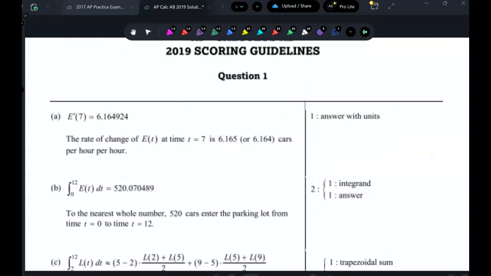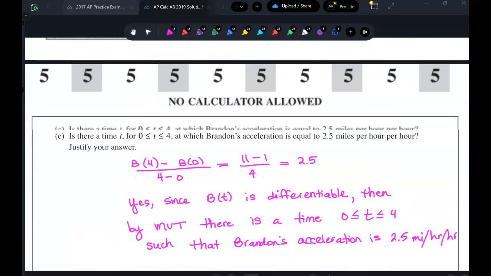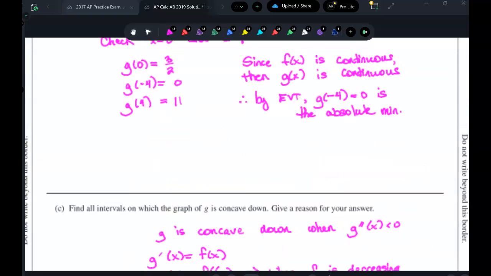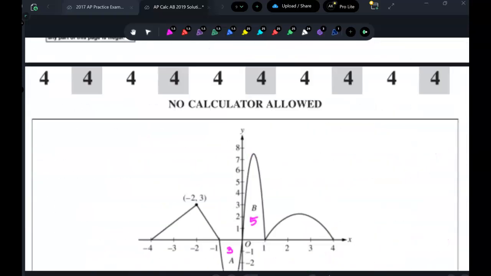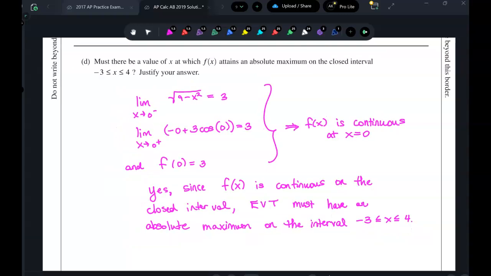Let me go back to the original. Why did you do that at 0 though? How does it show it's continuous? What does F represent? We don't know. I was going to say if it's a velocity graph, then maybe. It's a piecewise function, right?